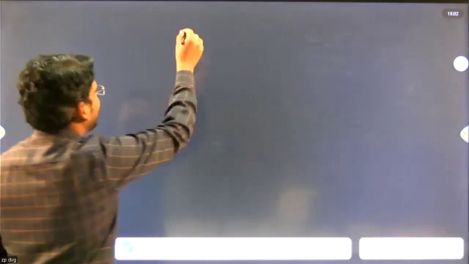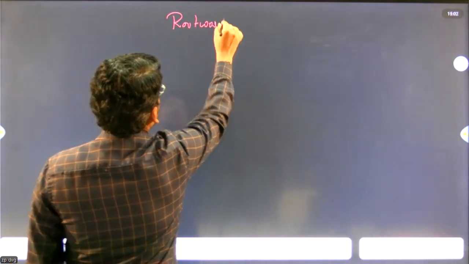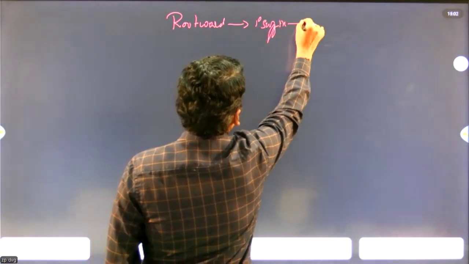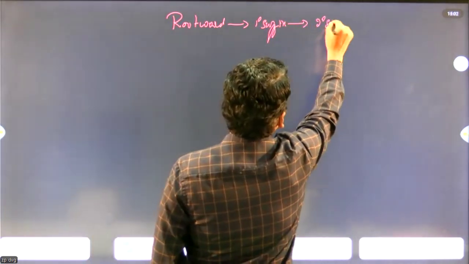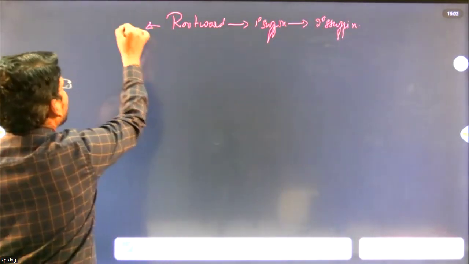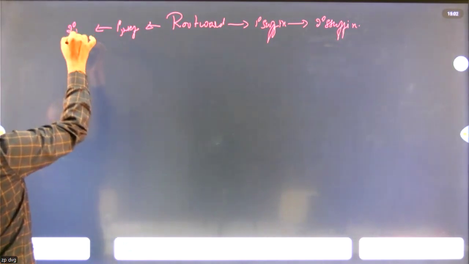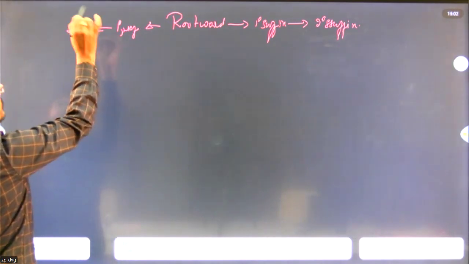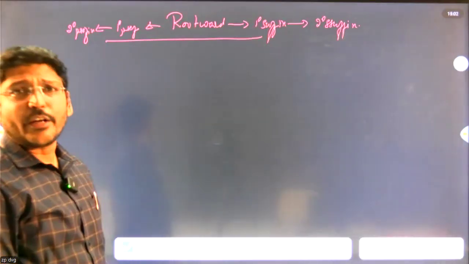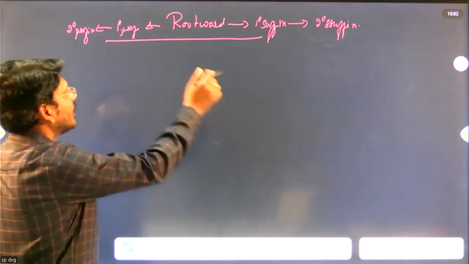Here we must know this particular formula, that is the root word, which should be followed by the primary suffix, then the secondary suffix, and another one is the primary prefix, and another one is the secondary prefix. This is the main formula used to write IUPAC nomenclature for any organic compound. It's just a small recap.